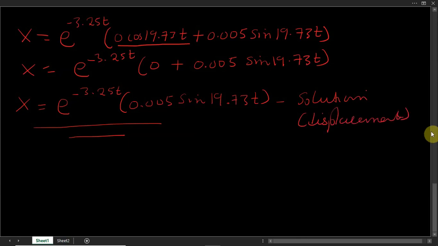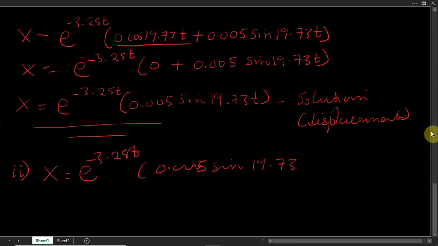So then the x becomes e to the power of negative 3.25t, then 0.005 sine 19.73t.